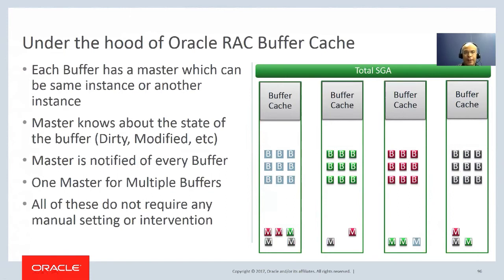Every buffer change is notified. You could have one master for multiple buffers, so it's not a 1:1 correspondence. One master could be taking care of X number of buffers. And again, as I've said multiple times, this does not require any manual intervention or setting.